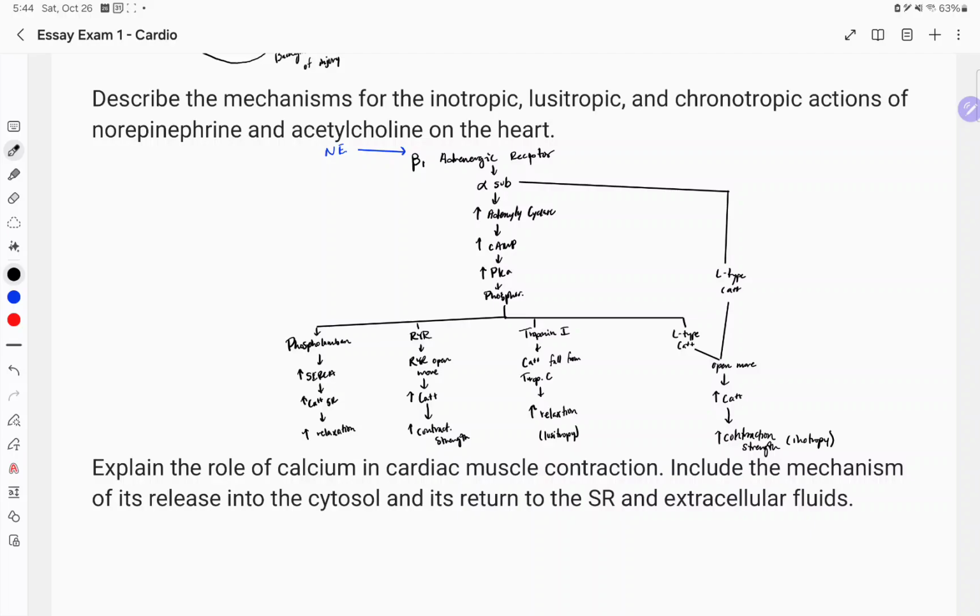And one other thing we should mention as well is that increased cAMP is going to cause more HCN channels to open, which is going to send more of those action potentials like we talked about earlier, increasing our heart rate, which is chronotropy.